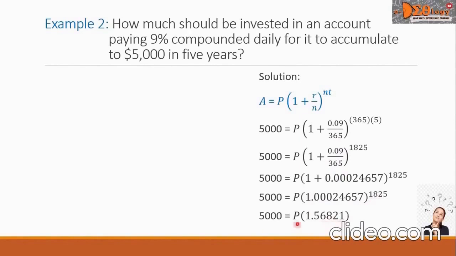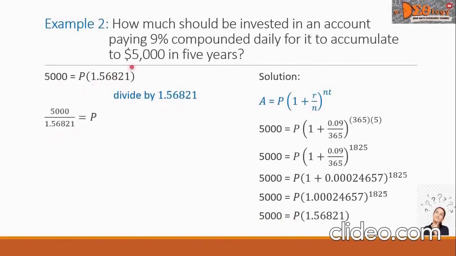We want to get letter P, so let us divide this equation by the coefficient of P, and that is this 1.56821. Now, the left side 5,000 will be divided by 1.56821, and it will be like this. And this is equal to the right side.